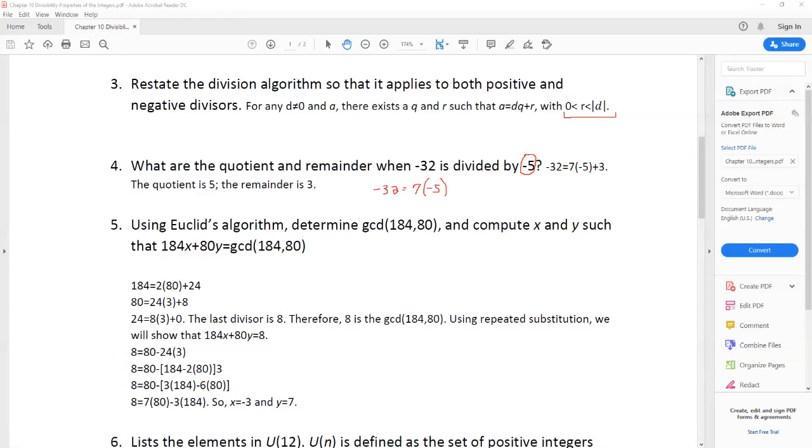So that is going to put you at negative 35, and then you would add 3. And as you know, 5 times negative 7 is the same as 7 times negative 5. So this problem is essentially the same as number 2, since we made the modification allowing D to be any integer other than 0.